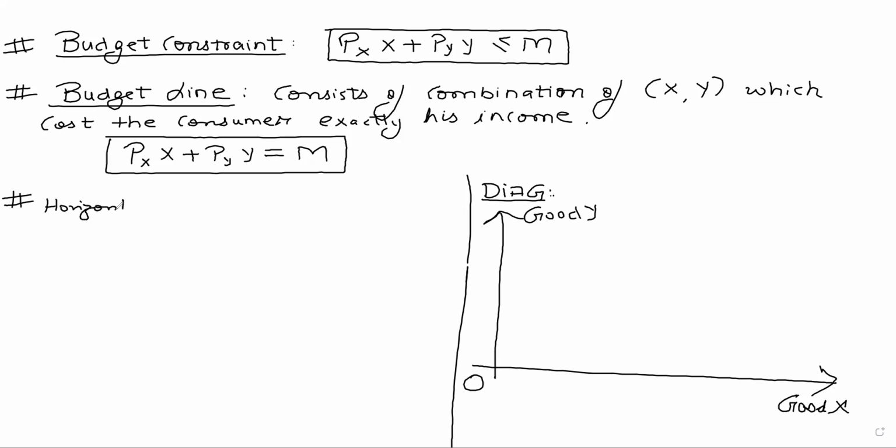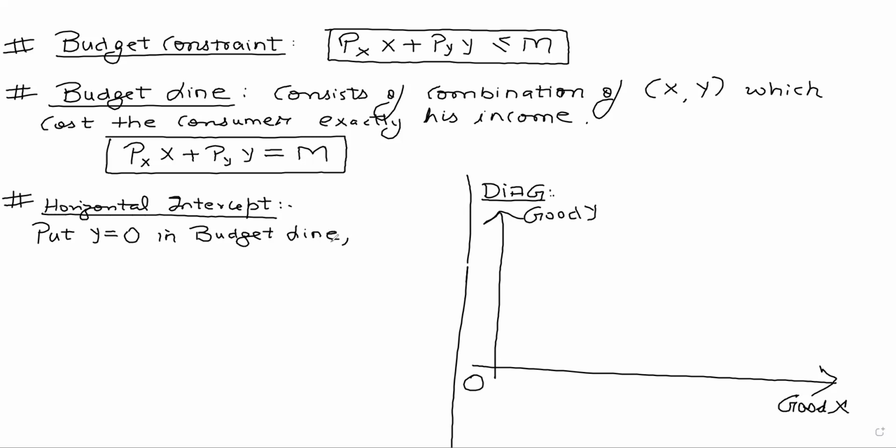Okay, so what will our horizontal intercept be? So let's work out the horizontal intercept. So guys, how do we find the horizontal intercept? Put y equal to 0 in the budget line, I get x as M by Px. So my x comes out as M by Px. How will I interpret this?